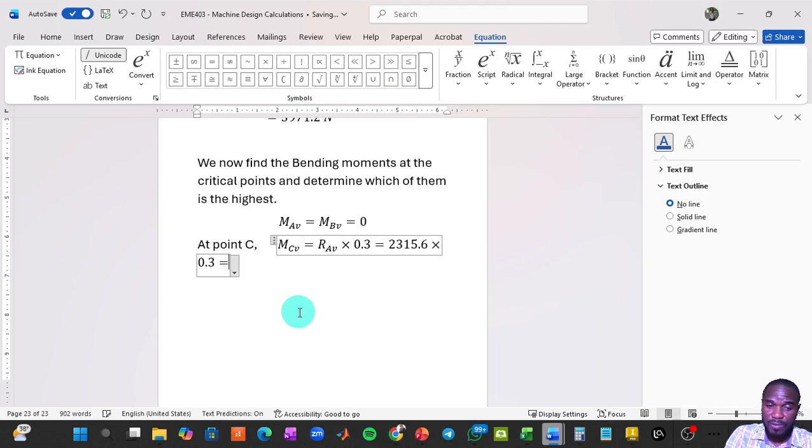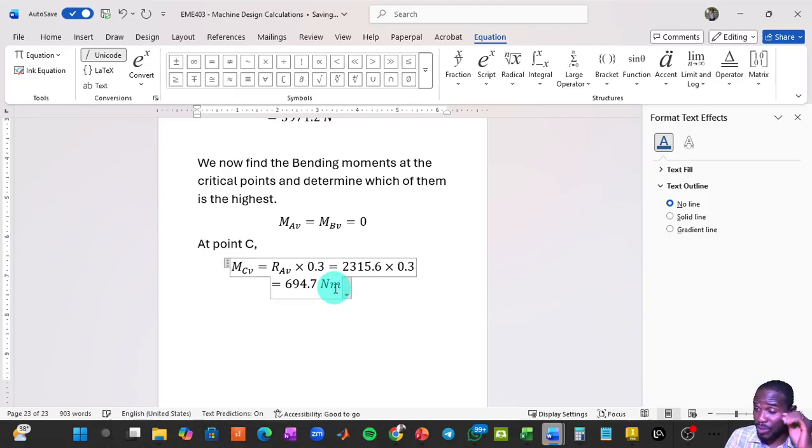And that value will give us 694.7 Newton meter. That's fine.